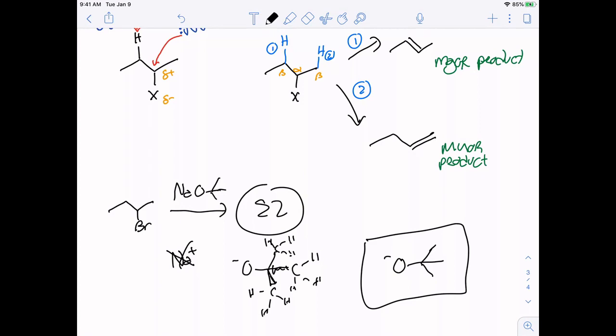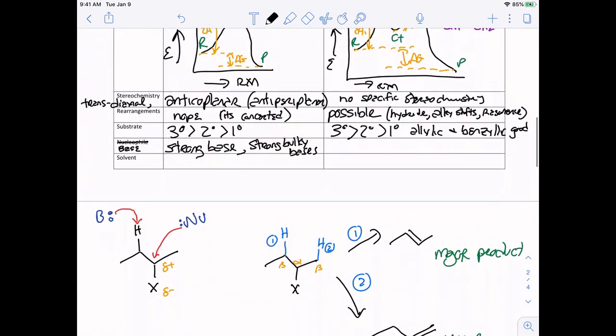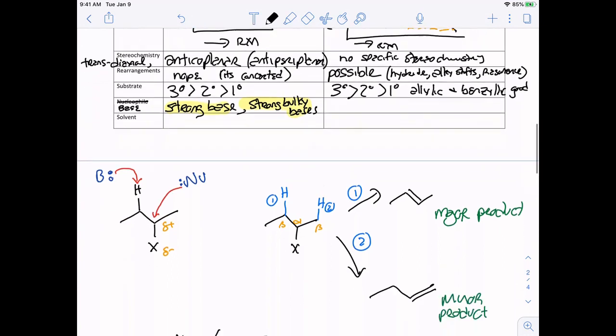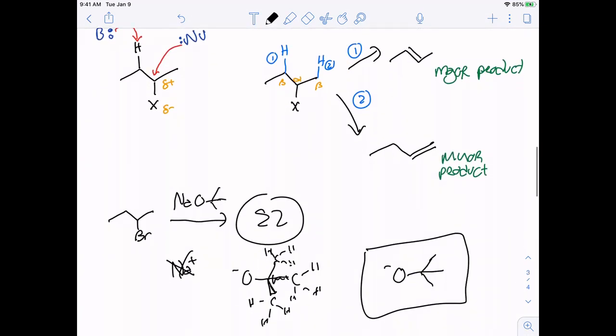Go back and look at that section if you have to, where the two things don't always coincide. So big, bulky, sterically hindered bulky bases, strong base, E2. If it's a strong base, let a base be a base. Bases are going to take those protons. So that's what's going to happen. So anytime, sorry for all the scrolling, if I'm given something like this, right away, E2. I don't even look at anything else.